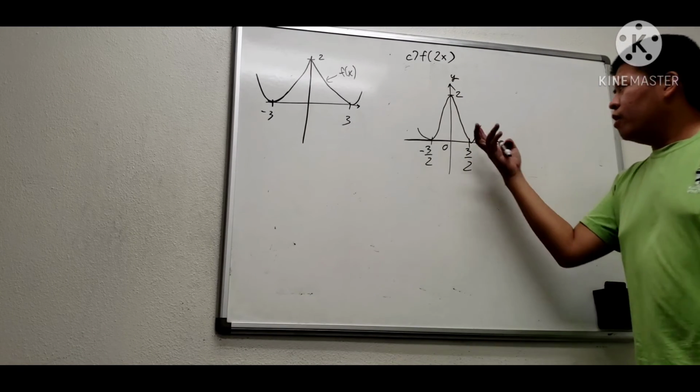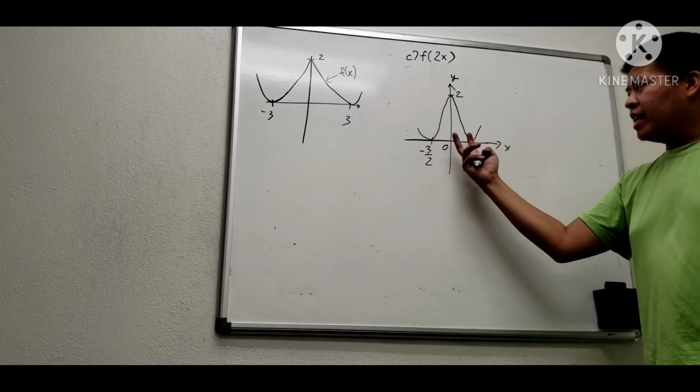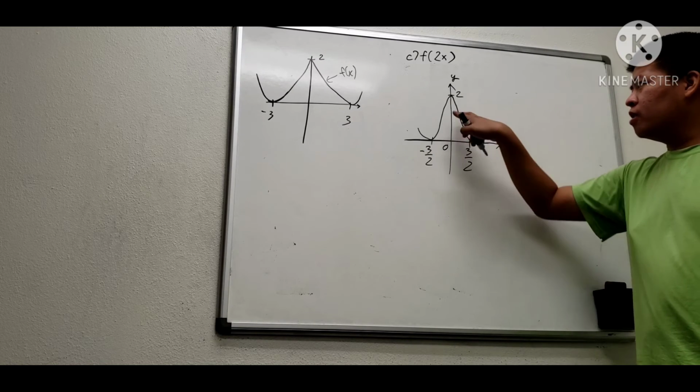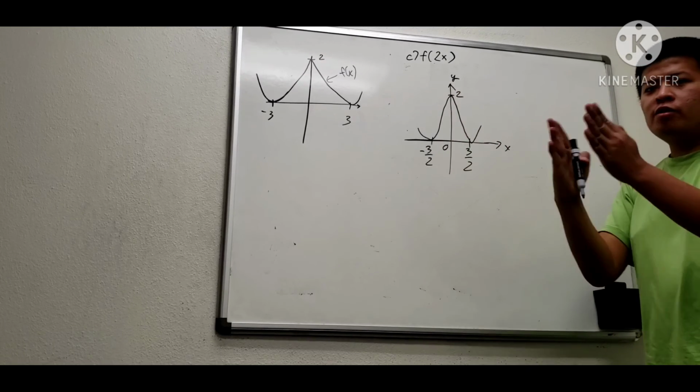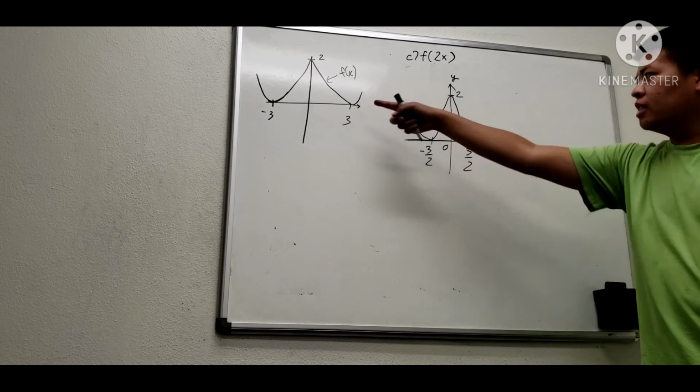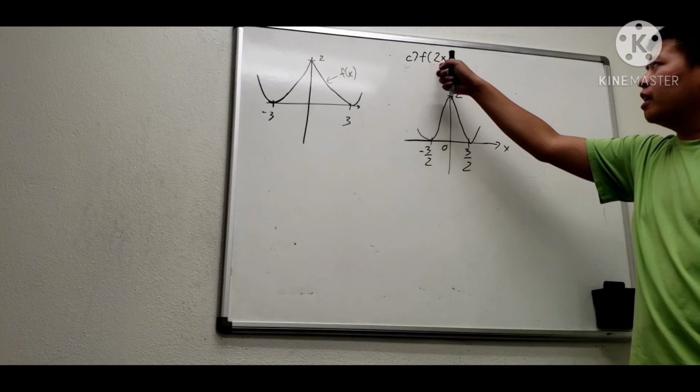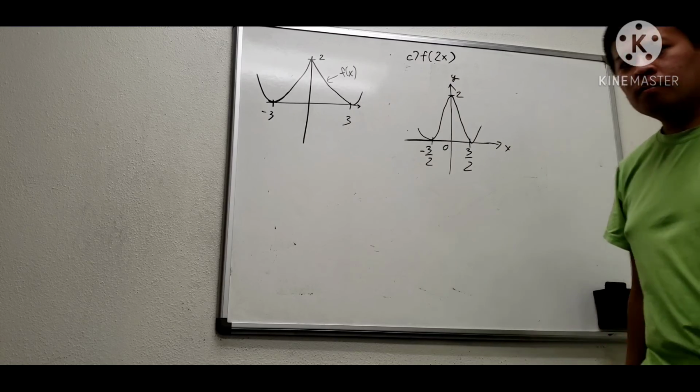So we shrink on the x in here. That's why the graph is shrunk smaller together. That's why we have the graph for the function f(2x).